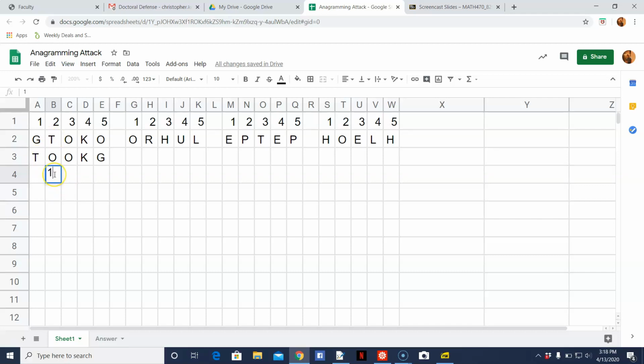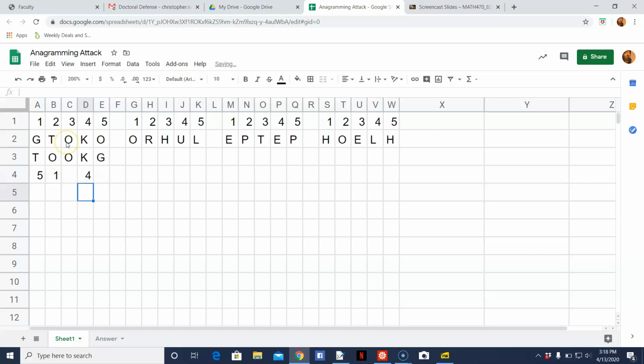So this is saying that 2 goes to 1. All right. The G in the first position goes to 5. Now, K's don't move, so 4 gets mapped to 4.